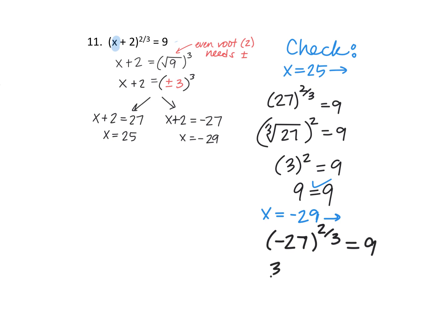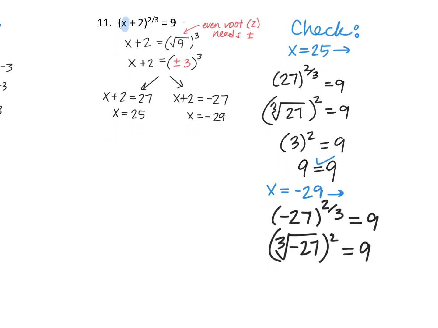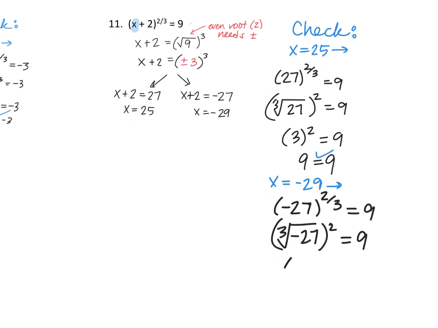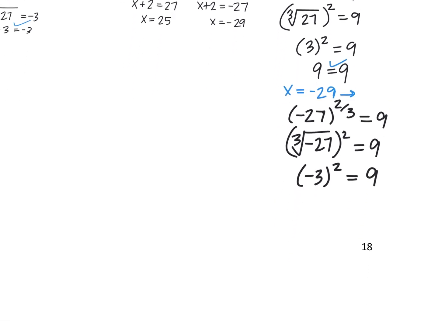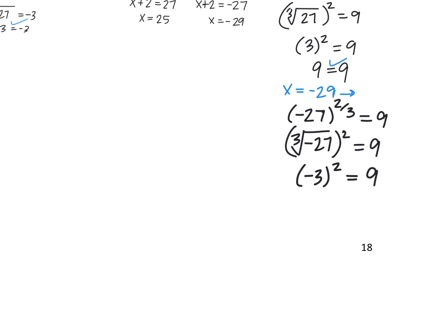So you're taking the cube root of negative 27 squared. What's the cube root of negative 27? That is negative 3. So negative 3 squared is actually positive 9, because you have an even exponent. Negative 3 times negative 3 is positive 9. That is okay.